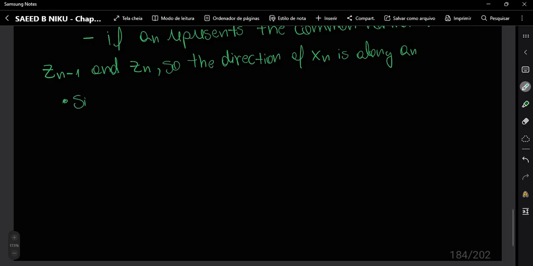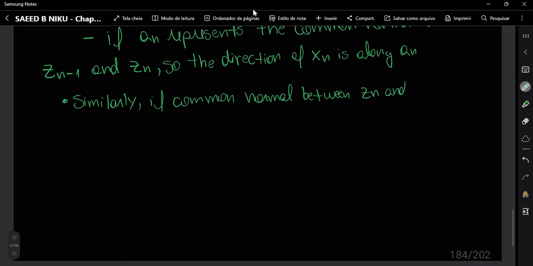Similarly, if the common normal between Zn and Zn plus 1 is An plus 1.